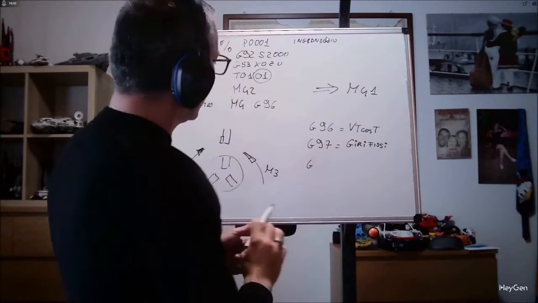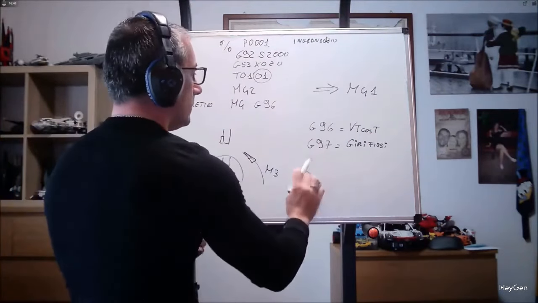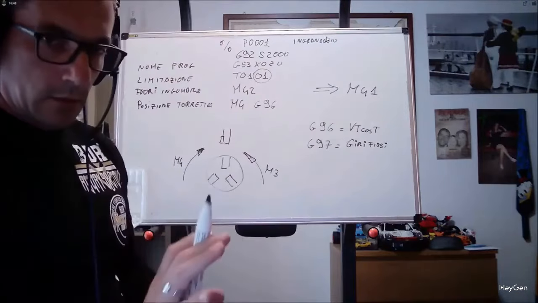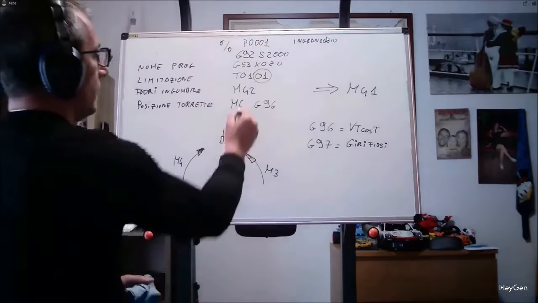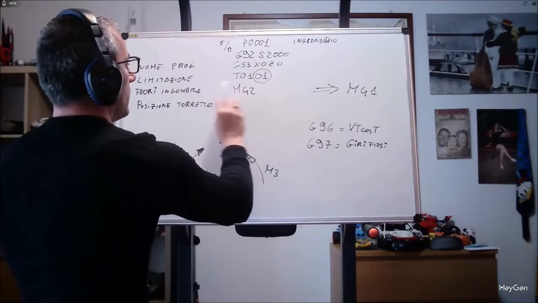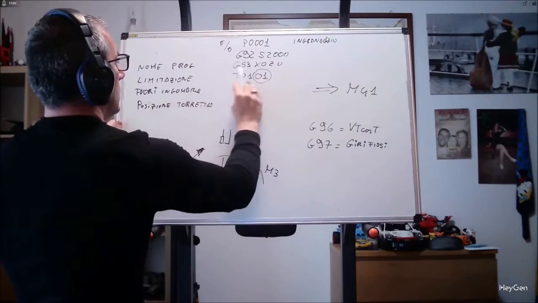Here I made a little mistake, G94. Let's forget about it, and then I'll explain where I made a mistake. There's a code missing in between. Let's leave the spaces, but let's not forget.